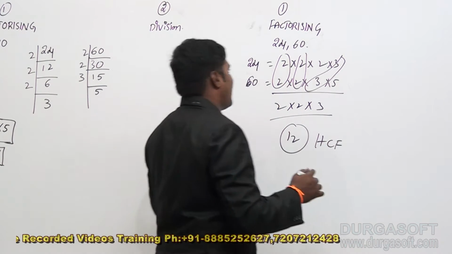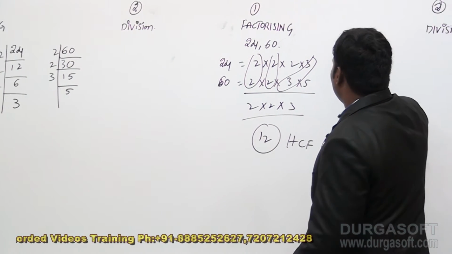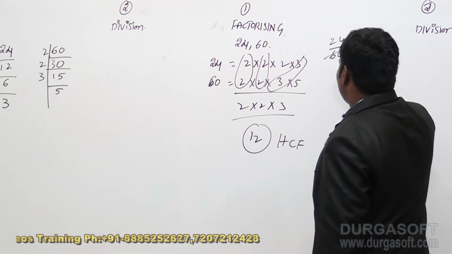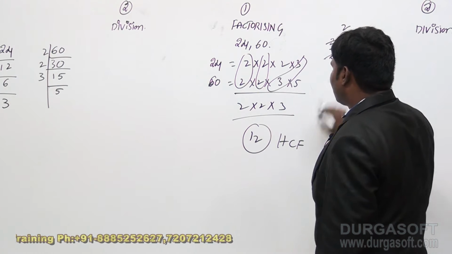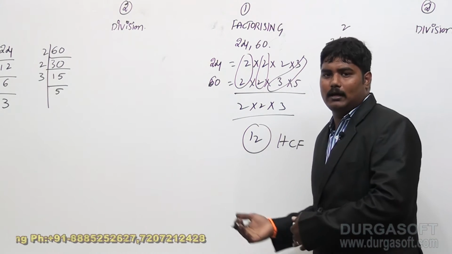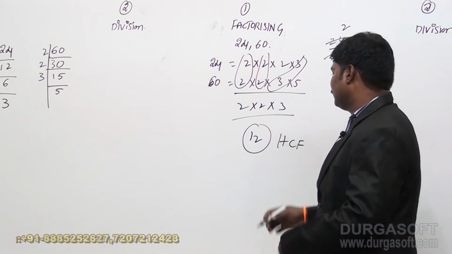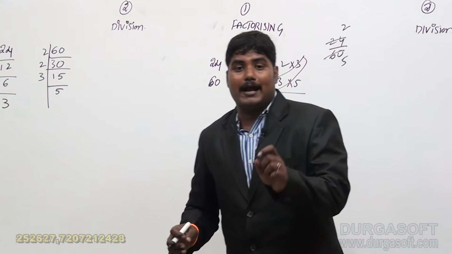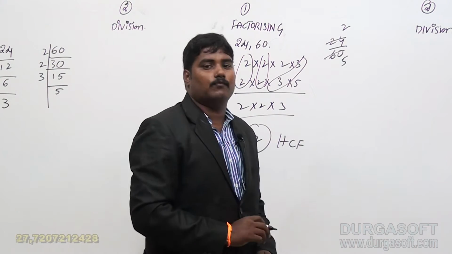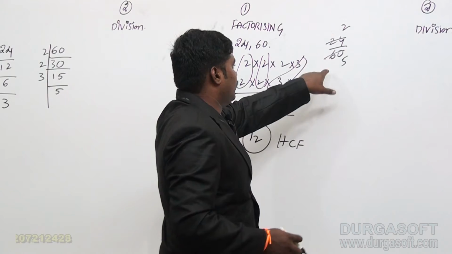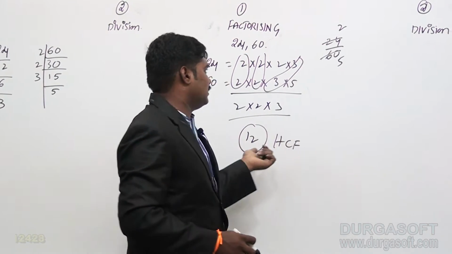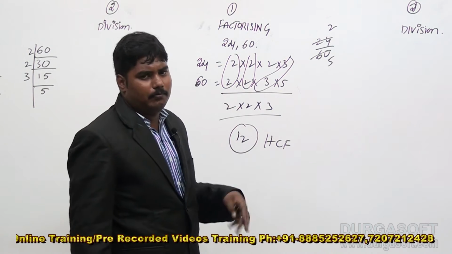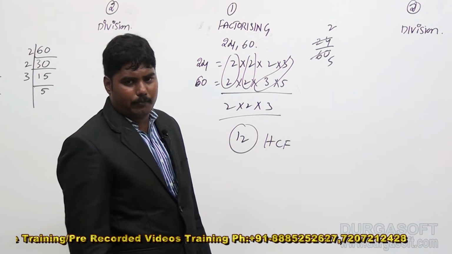HCF means the maximum common factor you can cancel, and here it is 12. When you cancel with 12, you get 2 by 5, and in the next step there is no other cancellation.